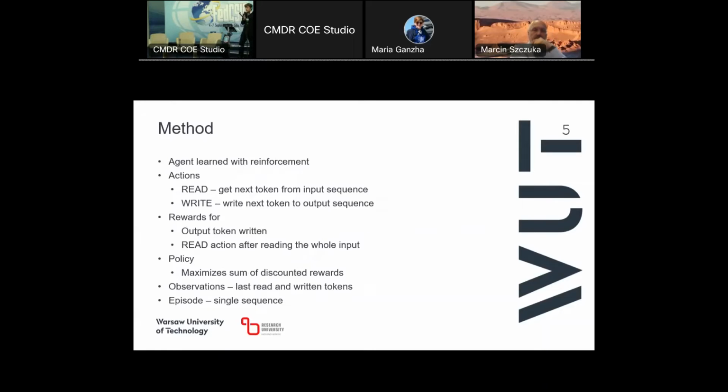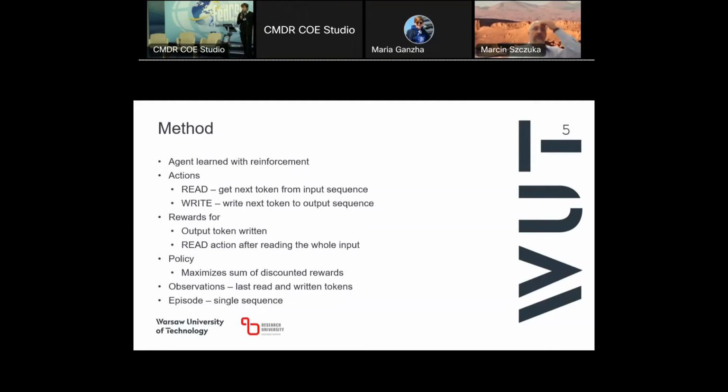So our method is an agent that is learned with reinforcement and can take two actions, which I mentioned earlier. The first one is read, so get the next token from the input sequence and use it in your processing, or write, which is write the next token to the output that the agent is processing.